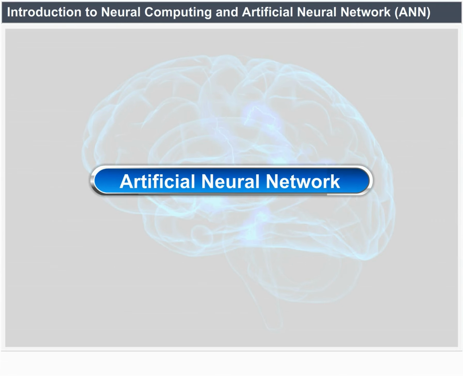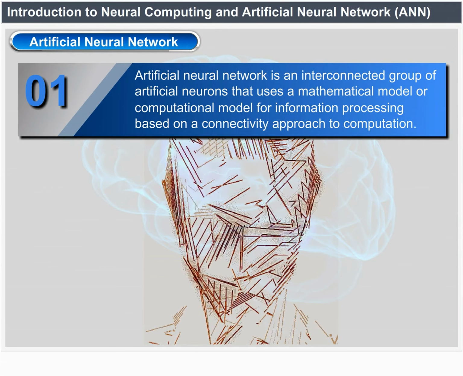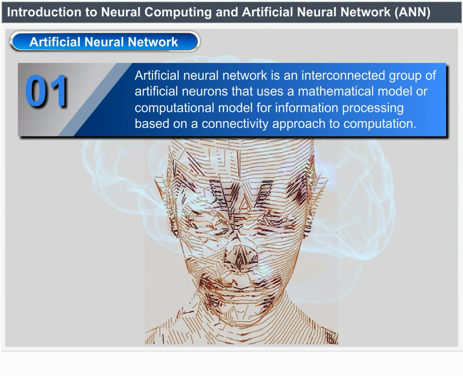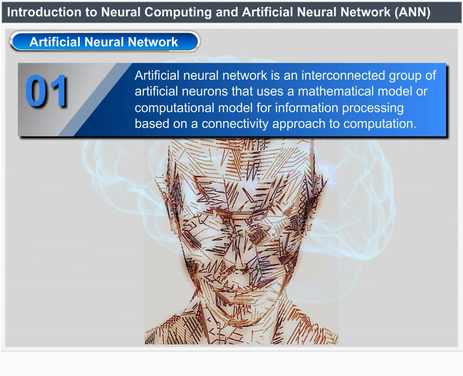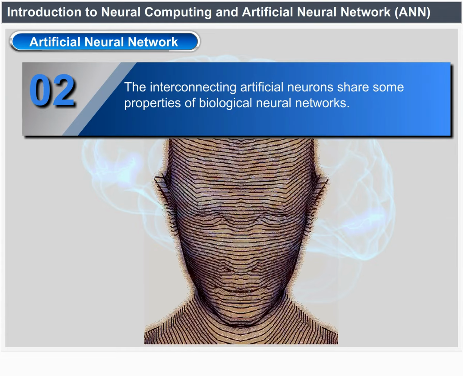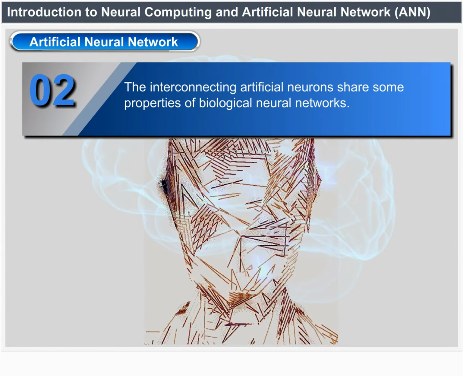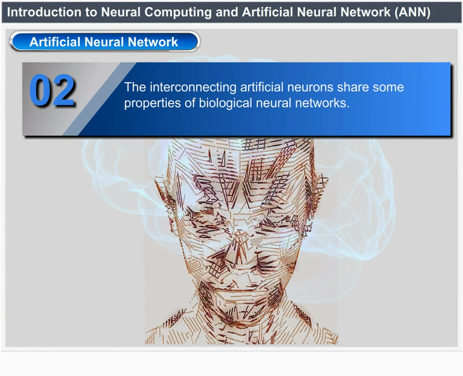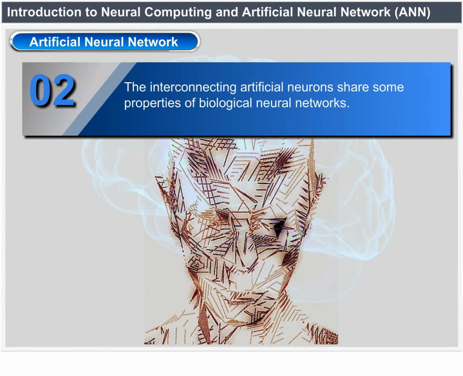Artificial neural network. An artificial neural network is an interconnected group of artificial neurons that uses a mathematical model or computational model for information processing based on a connectionist approach to computation. Artificial neural networks are made of interconnecting artificial neurons which may share some properties of biological neural networks.